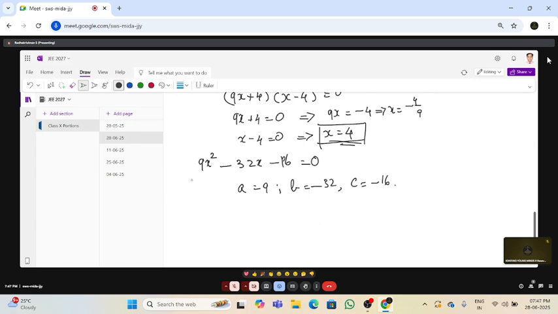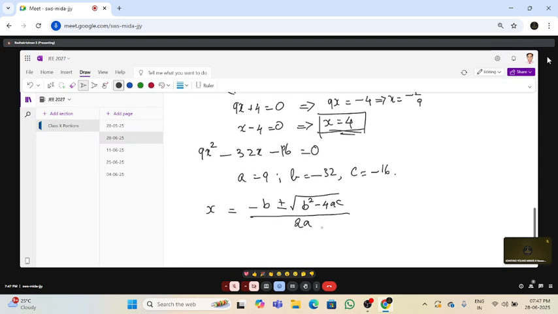Okay. So ax square plus bx plus c equal to 0. Now the quadratic formula is x equal to minus b plus or minus square root of b square minus 4ac whole divided by 2a. So substitute.